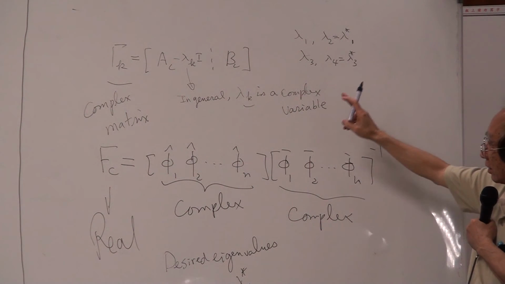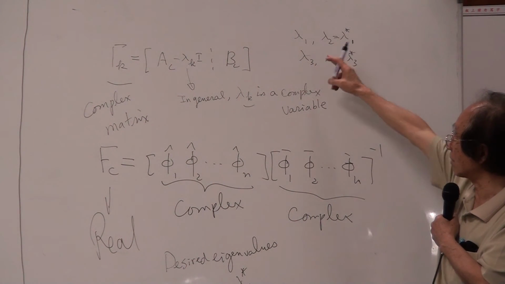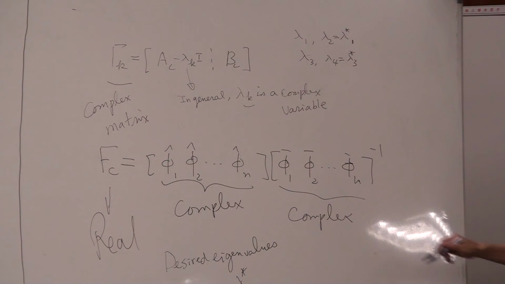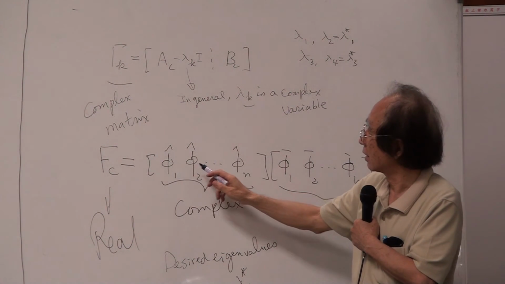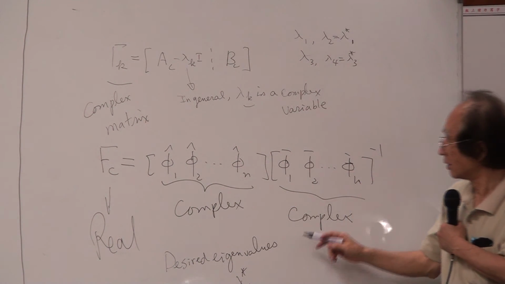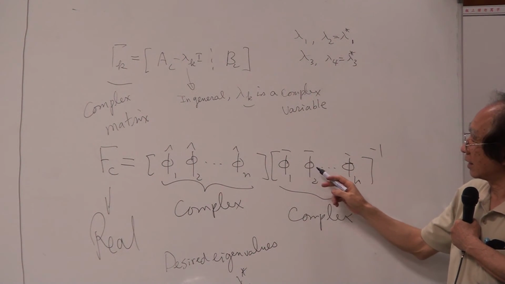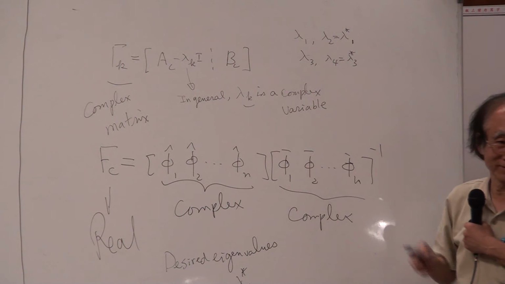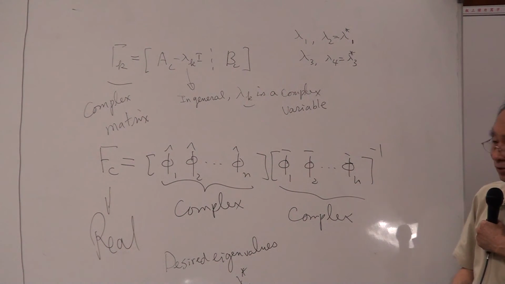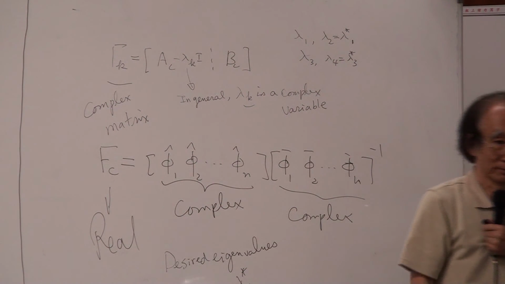However, you cannot have a complex desired eigenvalue alone, because that has to be complex and conjugate, so that when you compute the whole matrix out, this has to be a complex conjugate of that one, and so on. The same thing, this complex, then this has to be the complex conjugate of that one. If you make sure that is the case, then this will be real.